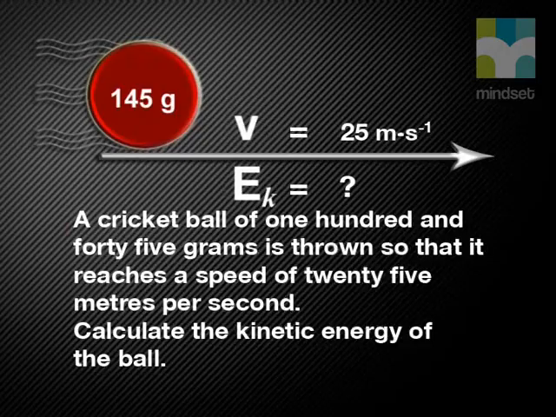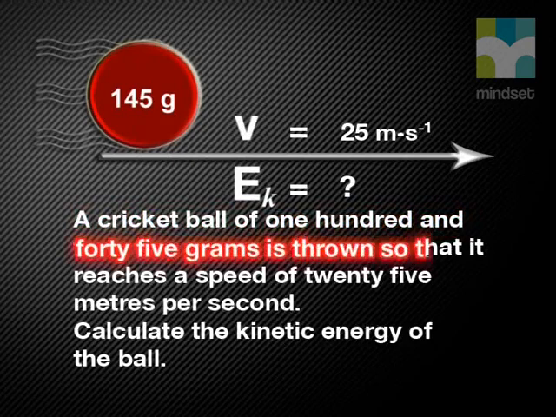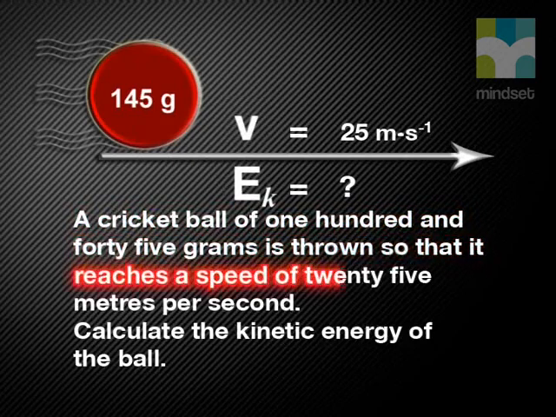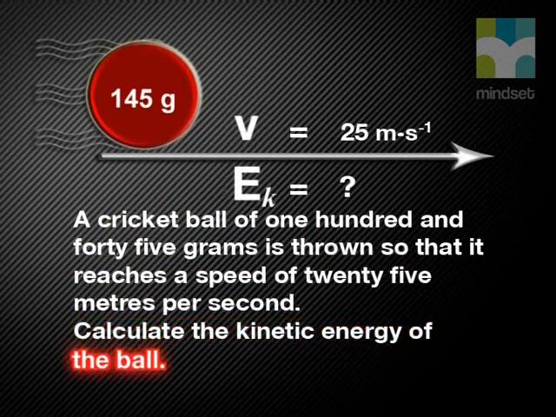We've done some of these before, so let's try a calculation to find the kinetic energy of an object together. A cricket ball of 145 grams is thrown so that it reaches a speed of 25 meters per second. Calculate the kinetic energy of the ball.